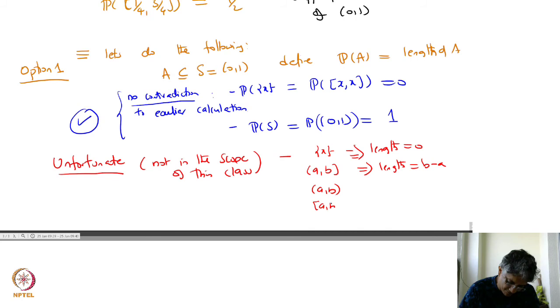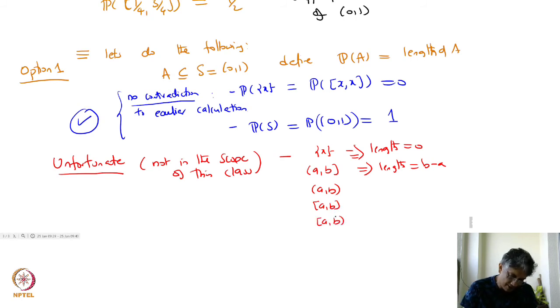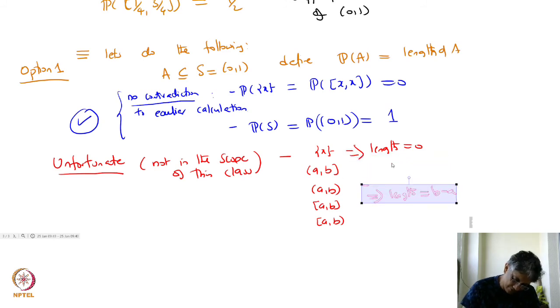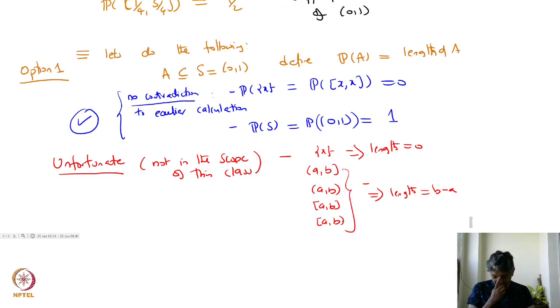Closed A, B is also the same thing. And closed A, open B. All these sets have the same length. So all these things we can do. It's not a problem, for any A and B in 0, 1, all this is okay.